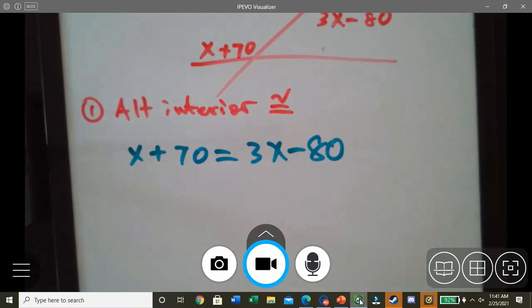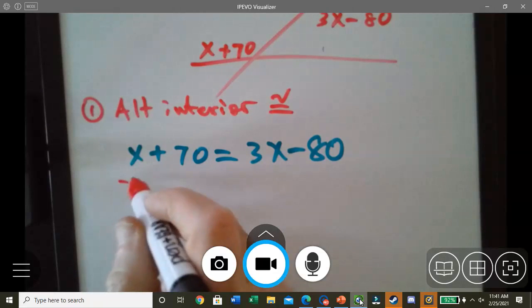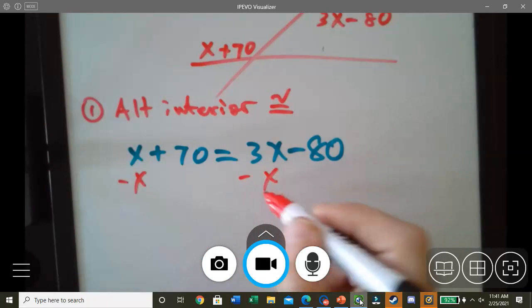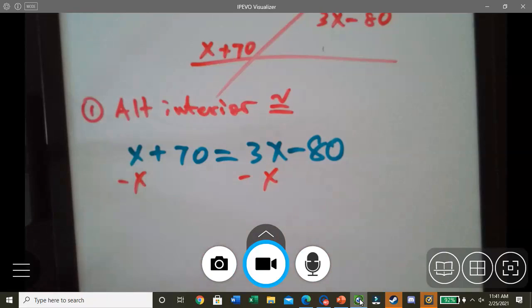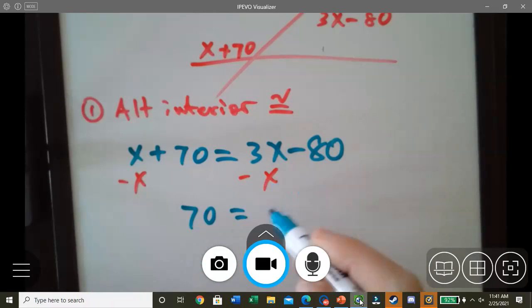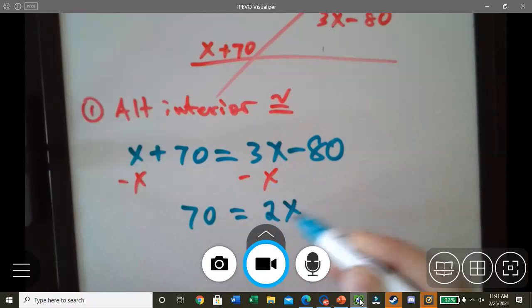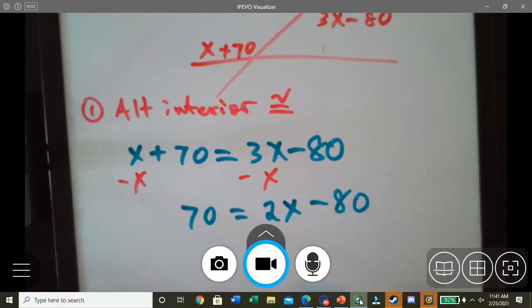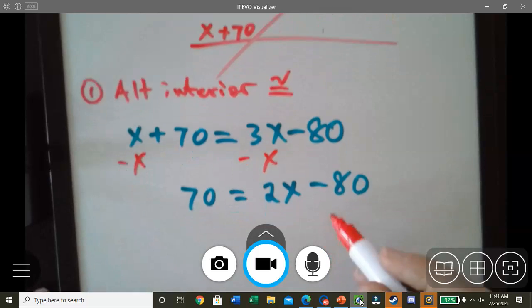Now, what do we want to do first? Okay, combine like terms, right? So we could combine the x's, that way they stay positive. So that would be 70 equals 3x minus 1x is 2x, minus 80. And then what do we do?